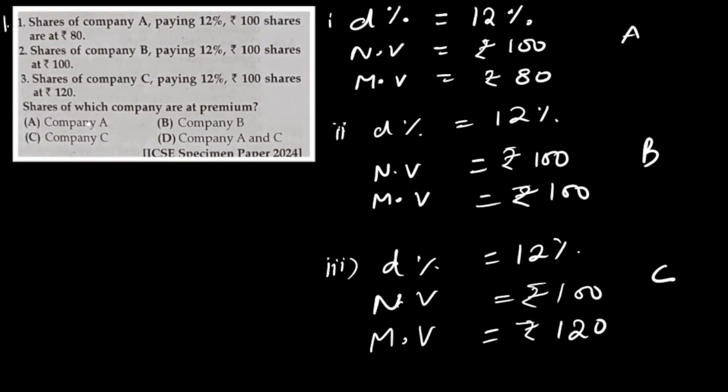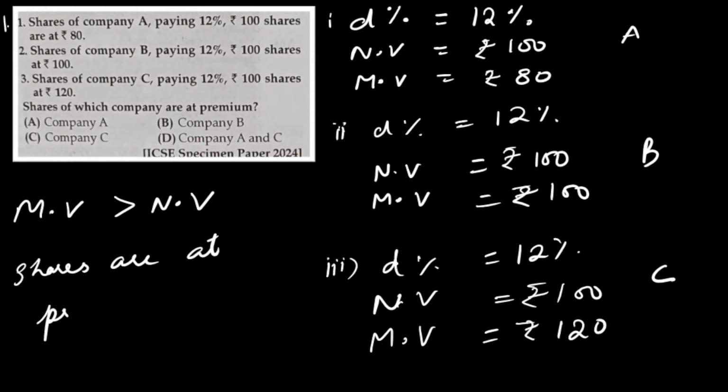The question says shares of which company are at premium. While giving the introduction, I have explained to you that at premium means when market value is greater than nominal value. When market value is greater than nominal value, that means shares are at premium.